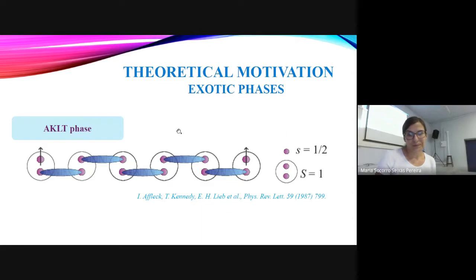And the phase is created in such a way that each atom, spin 1, creates a singlet pair with the nearest neighbors from the left and from the right, and it creates these singlet pairs along the whole chain.